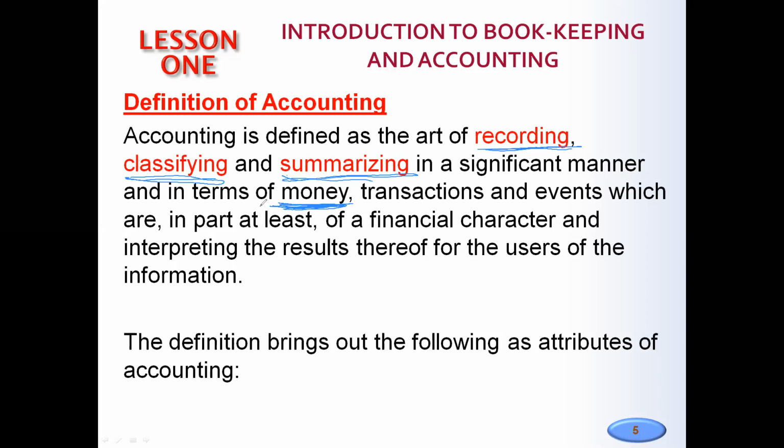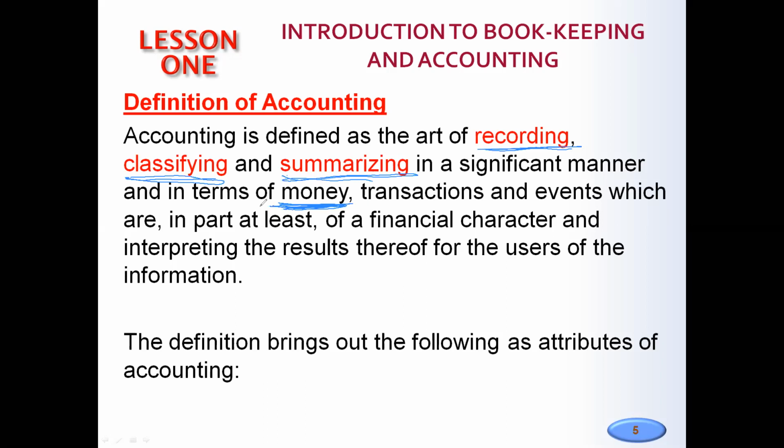Like I said earlier, the ultimate aim of accounting information is for users of such information to make informed economic decisions. Now, let us look at each of these words I underlined one after the other. Accounting, an art of recording, classifying and summarizing in a significant manner and in terms of money.